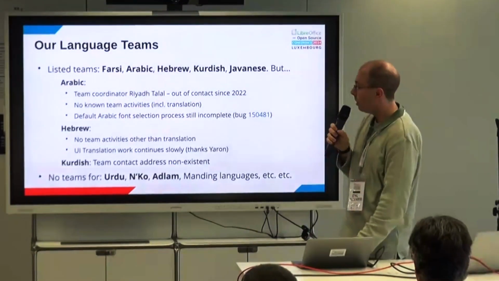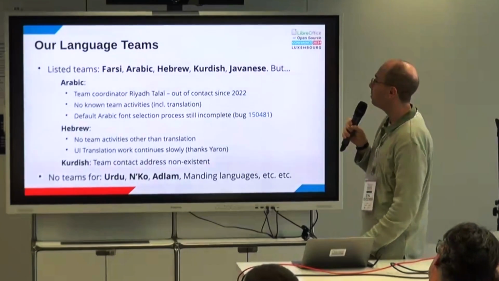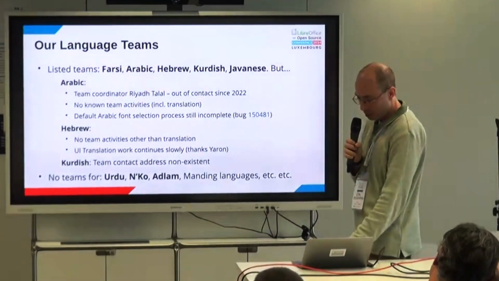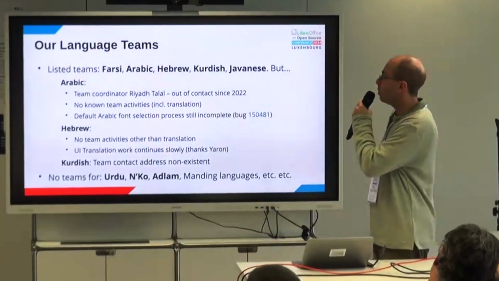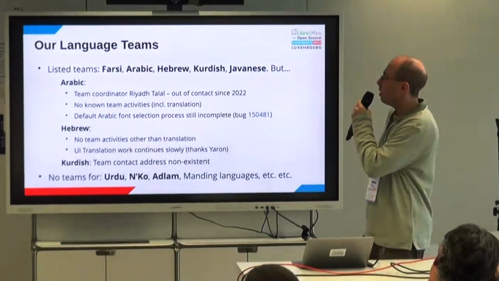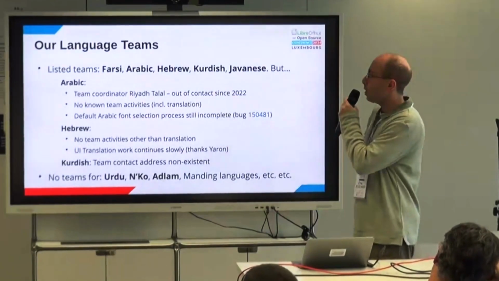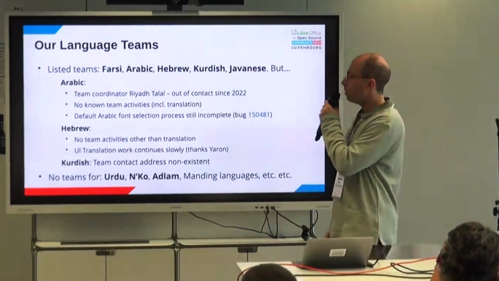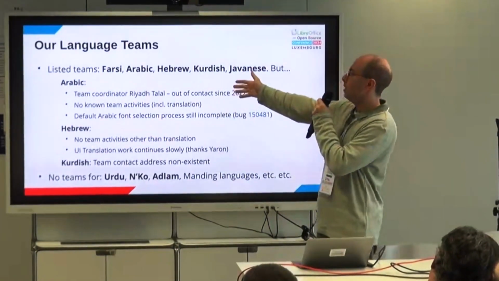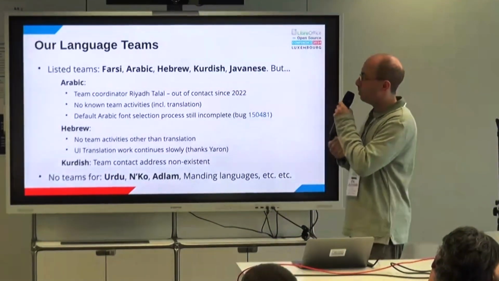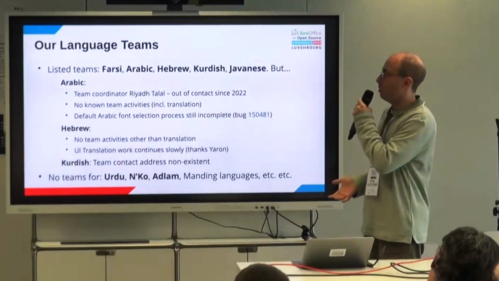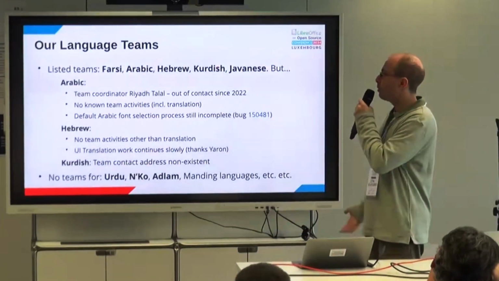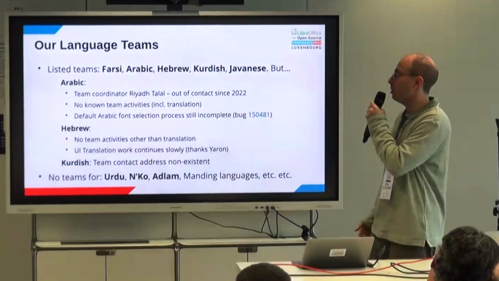Now about our less good or not as good news, if not to say bad news. So let's talk about the language teams for right-to-left languages. We have, at least in principle, 5 of them. But for Arabic, a contributor named Liad Talal, who I'm sure did great work, but after 2022, at the latest, did not do.